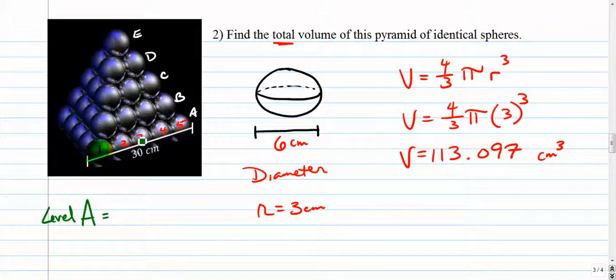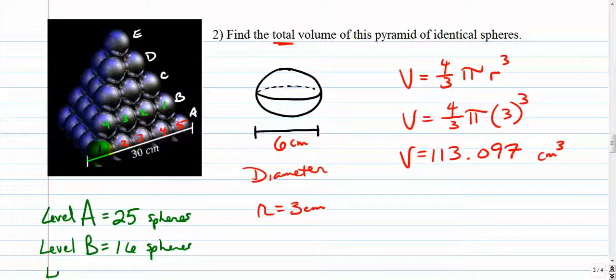Let's think. 1, 2, 3, 4, 5. 1, 2, 3, 4, 5. That looks like 25 spheres. Level B has 1, 2, 3, 4. 1, 2, 3, 4. That looks like 16 spheres.